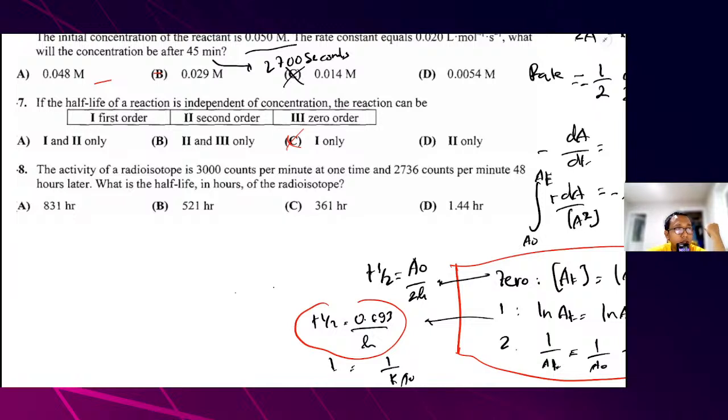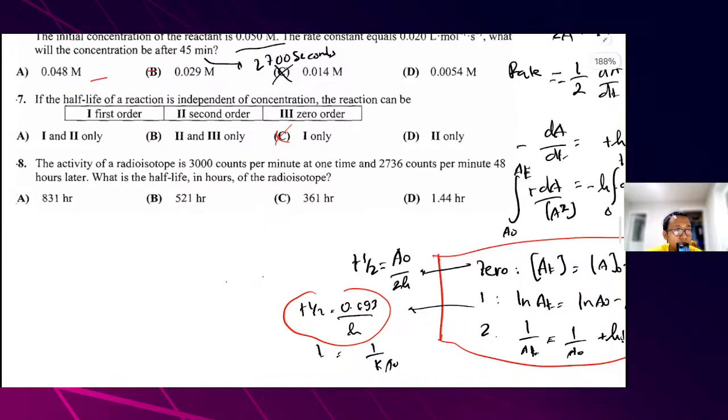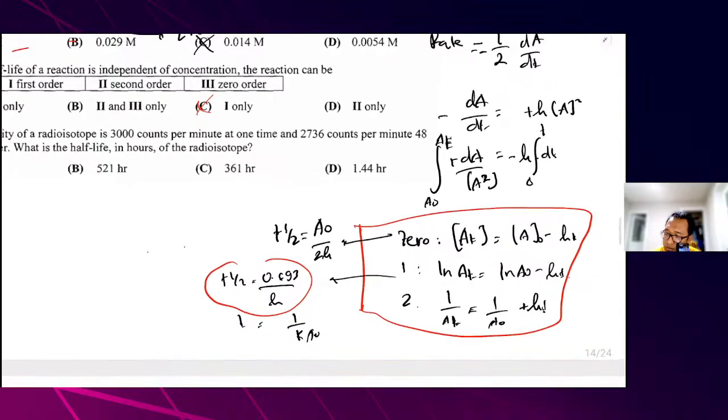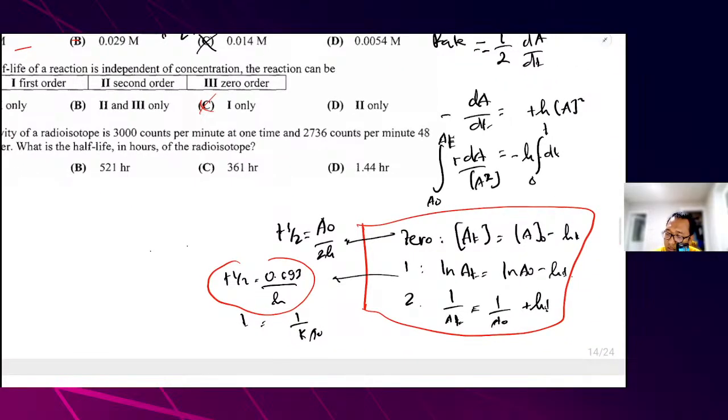This is using the first order decay formula. We need to determine k first. How to get k?